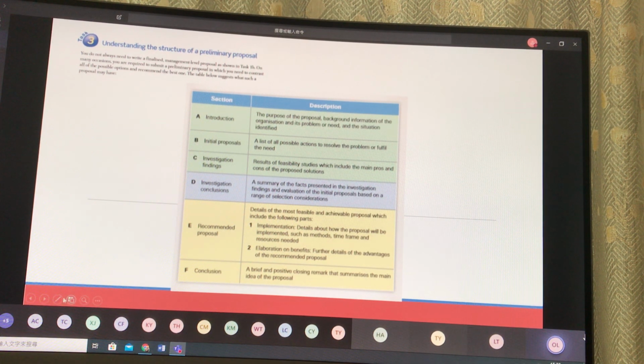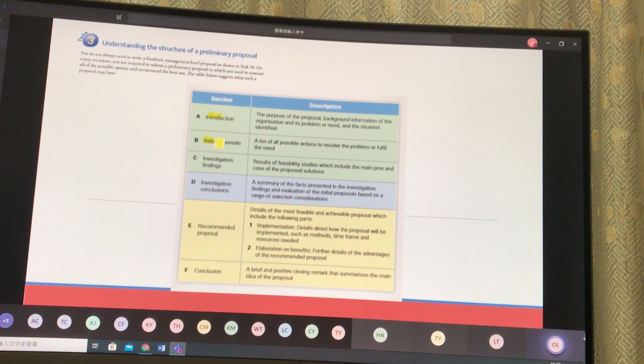So we have the introduction, the purpose of the proposal, the background information of the organization and its problem or need, and the situation identified. Then we have initial proposals, investigation findings, investigation conclusions, recommended proposal, and conclusion.